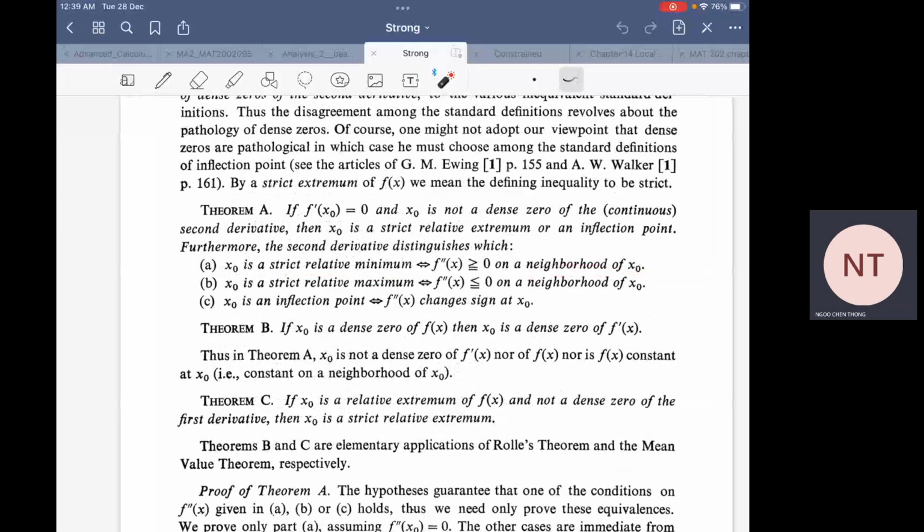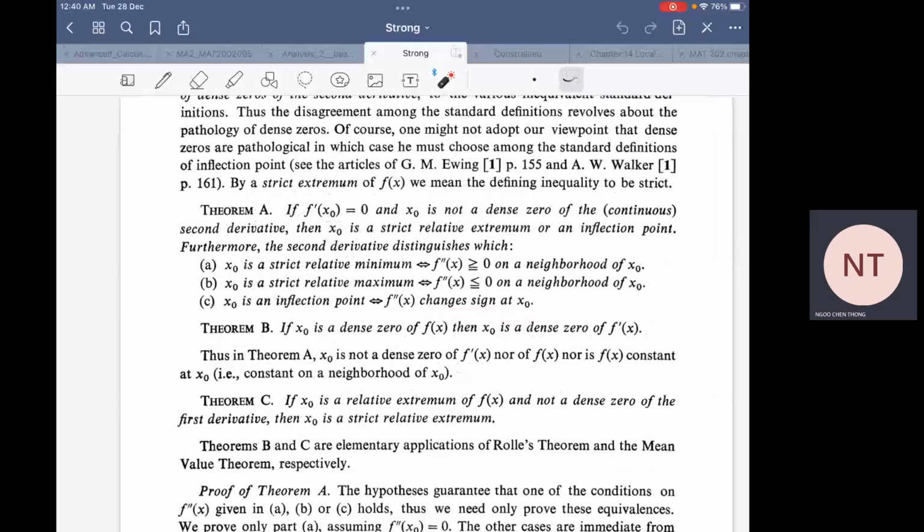So x0 is a strict relative maximum if and only if the second derivative is less or equal to 0 in this neighborhood. Okay, x0 is an inflection point if and only if the second derivative changes sign at x0. Okay, this is for the first paper.